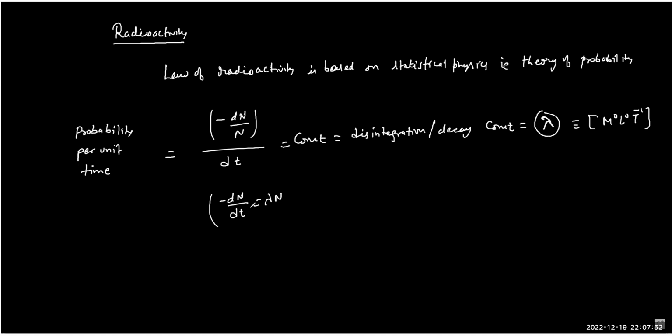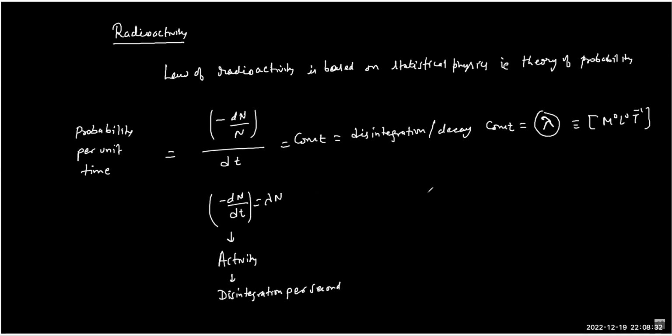Now dn by dt, this term we call activity. Activity is also called disintegration per second, which simply means how many nuclei will decay per unit time.